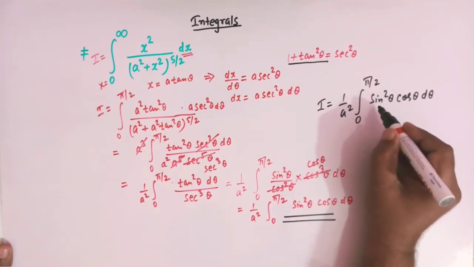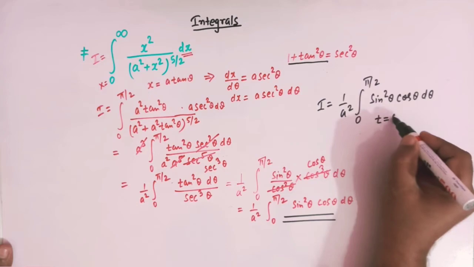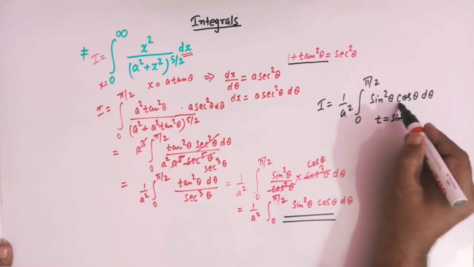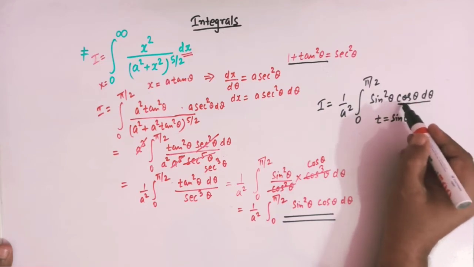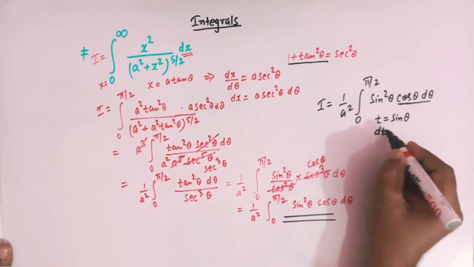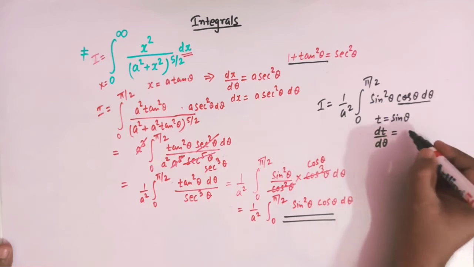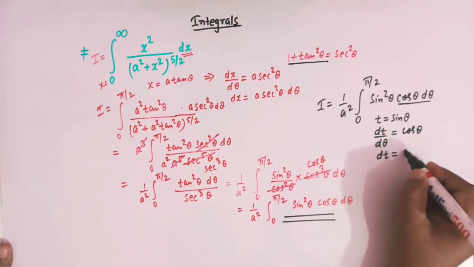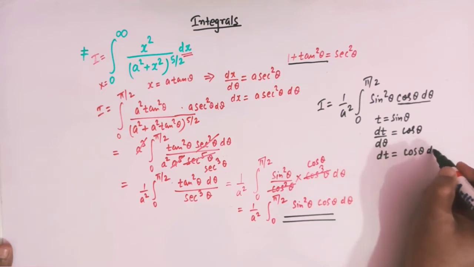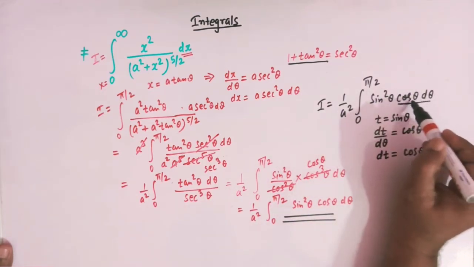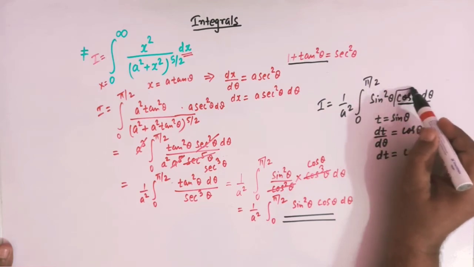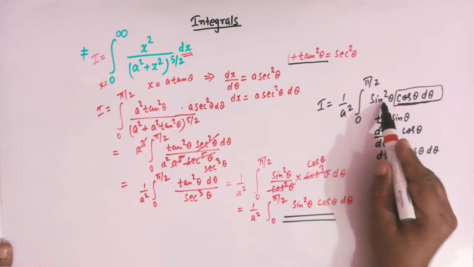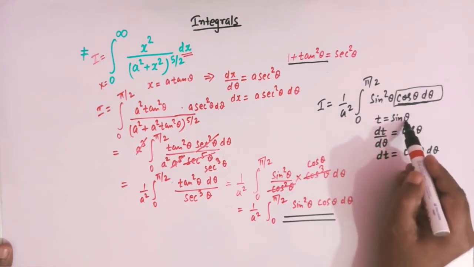Because see, if we take t is equal to sine theta here, then the derivative of sine theta appears in the integral, right? That is dt over d theta is equal to cosine theta, so dt is equal to cos theta d theta, right? And cos theta d theta appears in the integral, right? Okay, so here we are making this substitution, t is equal to sine theta.